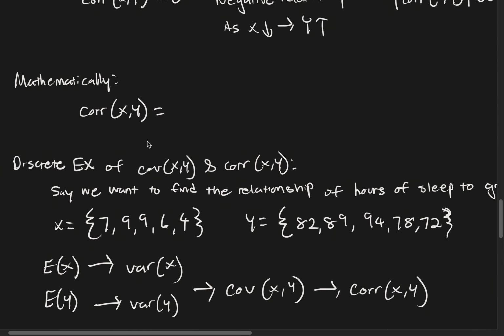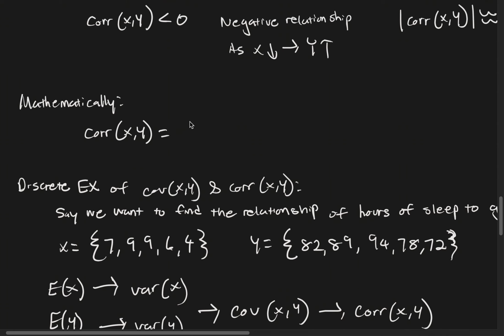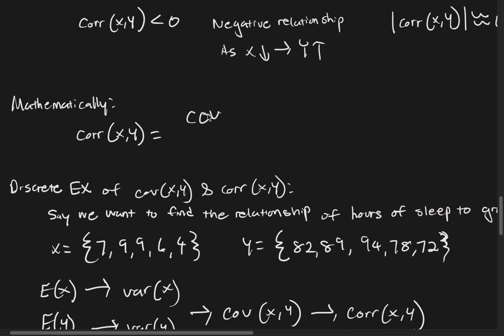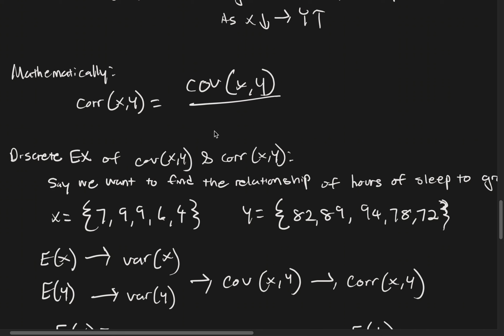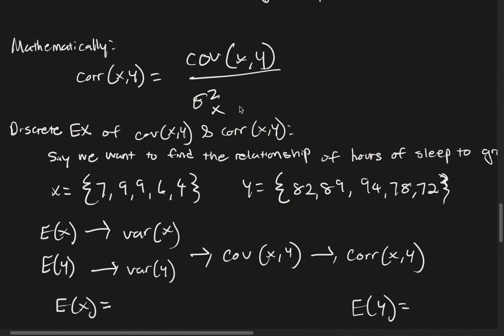So the mathematical formula for correlation is actually simple once you find the covariance. The formula is the covariance of x and y divided by, that's not right, the standard deviation of x times the standard deviation of y.